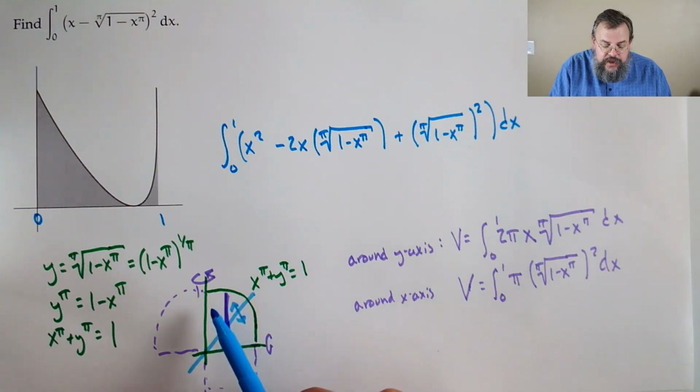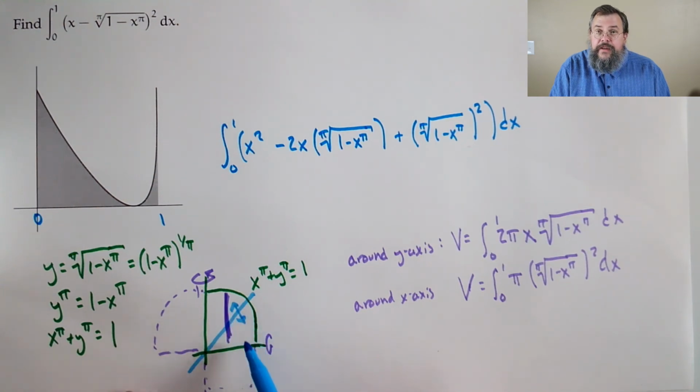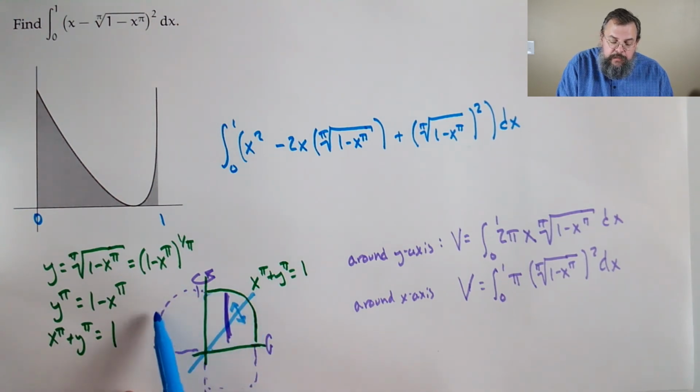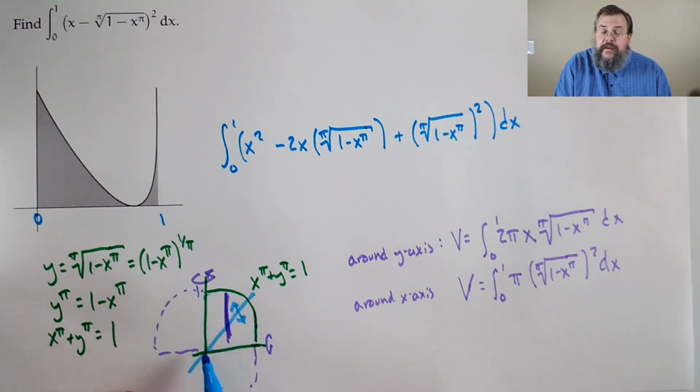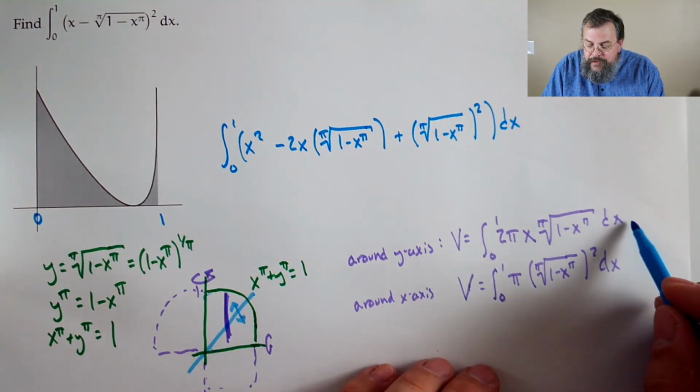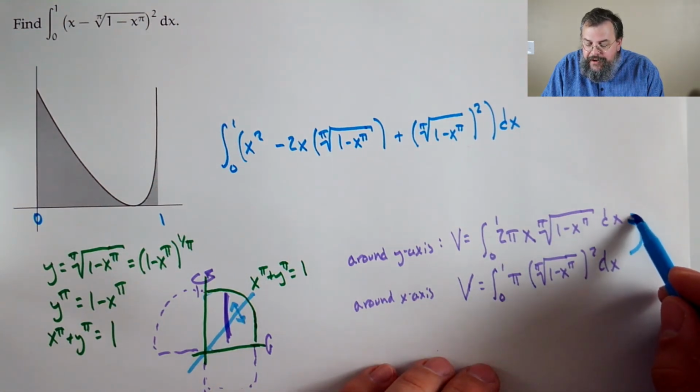So this shape is symmetrical around the line y equals x, which means if I spin it around the y-axis, or I spin it around the x-axis, I'm going to form the same volume, because I'm going to end up with the same resulting three-dimensional shape. So these two volumes are equal.